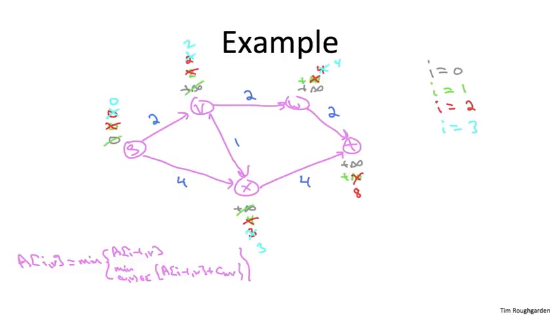So its 8 gets updated to be a 7, reflecting the improvement at X in the previous iteration. And at this point, we're actually done. We've computed shortest paths to all destinations, but the algorithm doesn't know that we're done yet. So it still executes the final iteration of the outer for loop where i equals 4, but everybody just inherits their solutions from the previous round. At that point, the algorithm terminates.